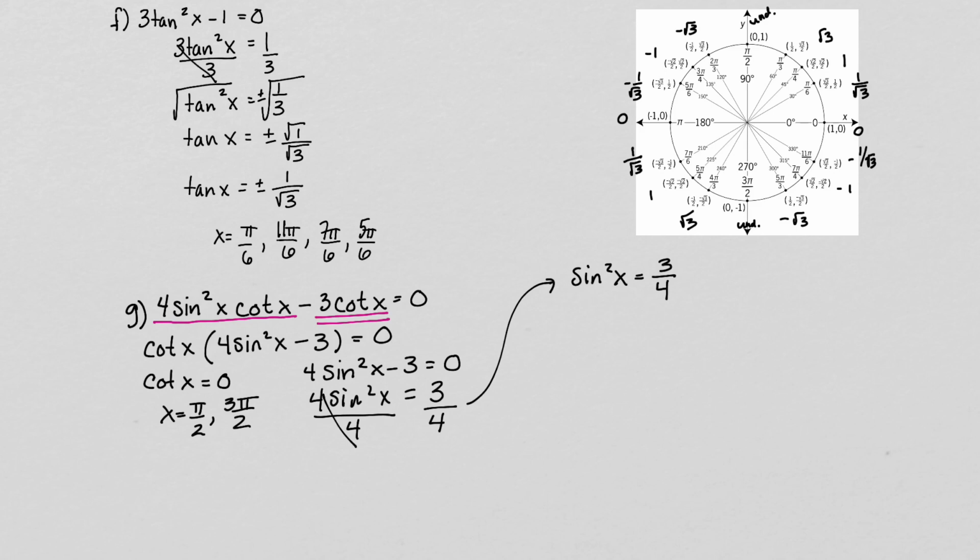And then just like before, I'm going to take the square root of each side. Remember, when I take the square root, I get plus or minus. So sine x is going to be plus or minus root 3 divided by root 4. But remember, root 4 is 2. So we're looking for when is the sine of x equal to plus or minus root 3 over 2. So that's going to happen when x is what?